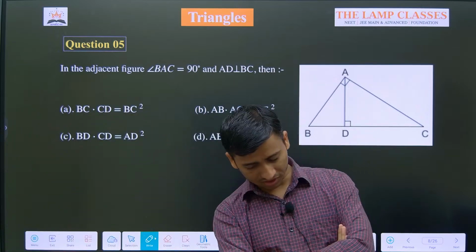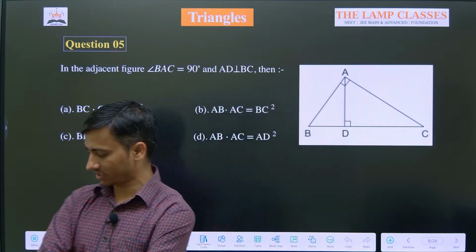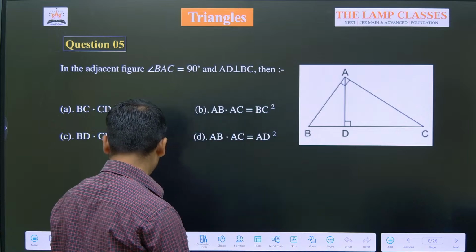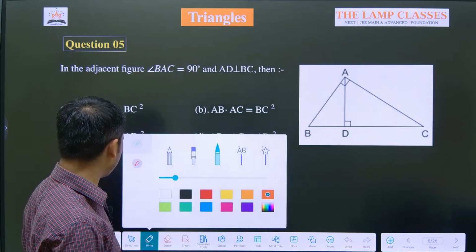Na? In fact, I have asked you to prove this question later in 2 marks as well. And you can remember even that result. You remember earlier also I had told you can remember this result.